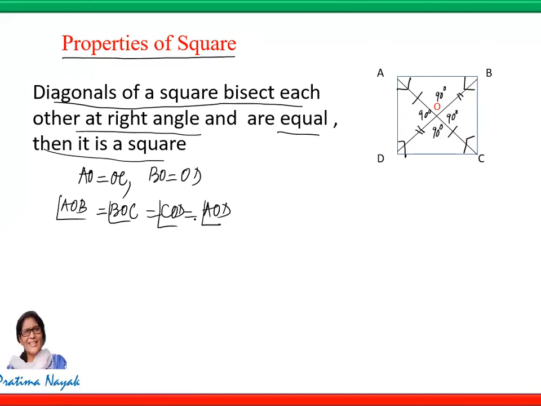Here it is similar to which one? It is similar to a rhombus. It is 90 degrees as in a rhombus, and AC is equal to BD, similar to which one? As in a rectangle. So it takes both the properties, of a rectangle as well as a rhombus. So this is called a special quadrilateral or perfect quadrilateral.